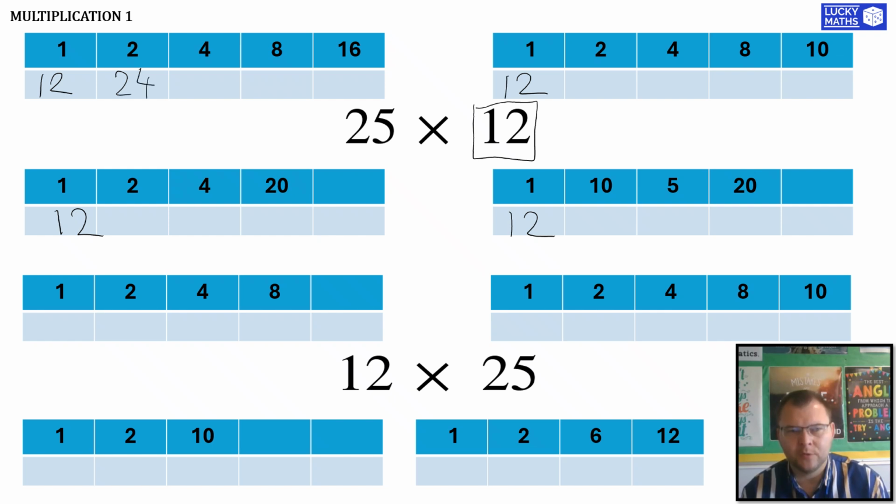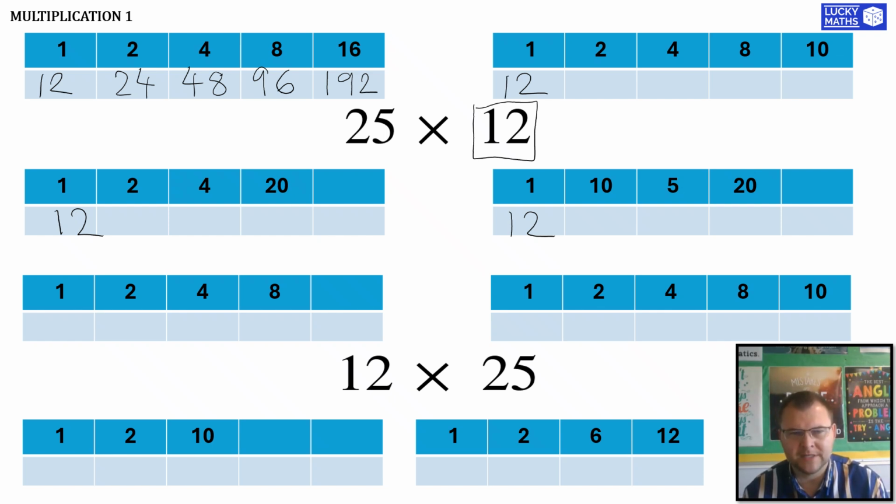If we then double the 2 lots of 12, we get 4 lots of 12, which would be 48. If we double that, we get 96. And then if I double 96, I end up with 192.